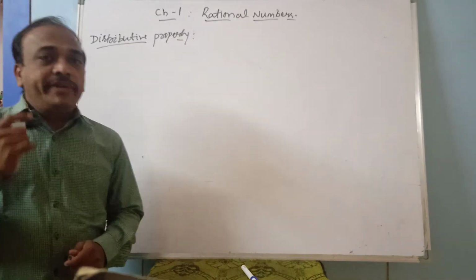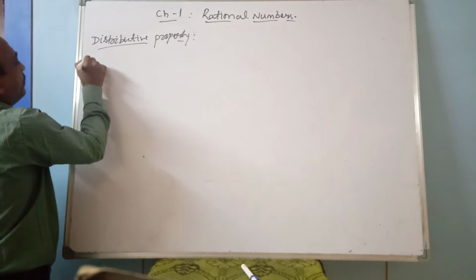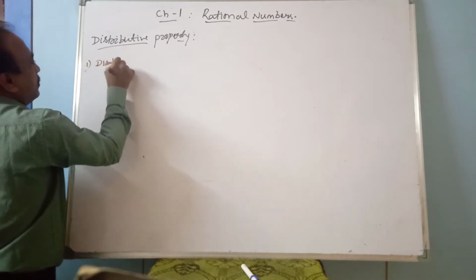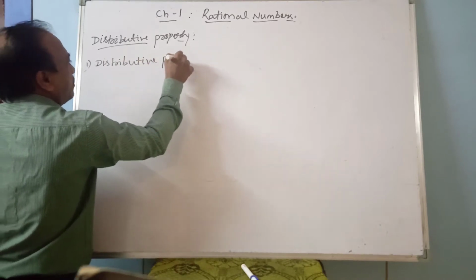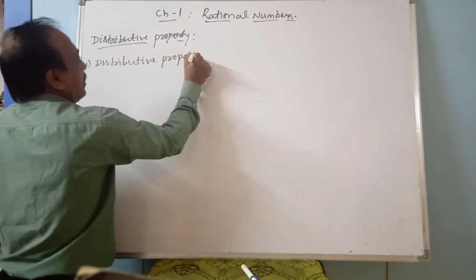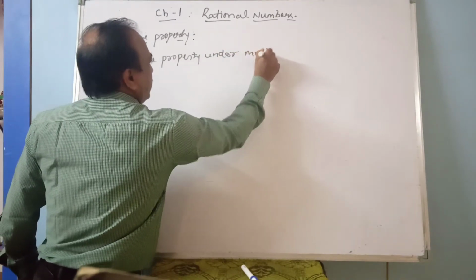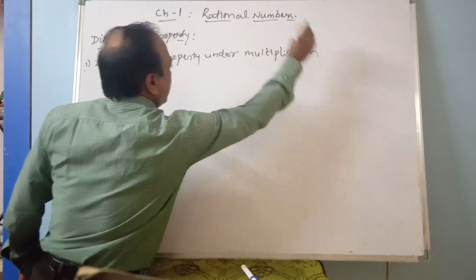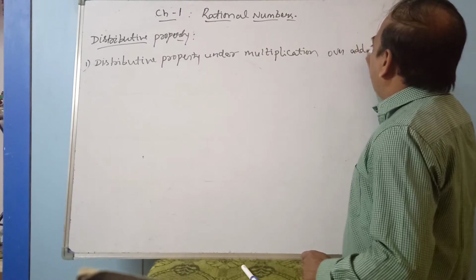In this we have two. This is the first one: distributive property under multiplication over addition.